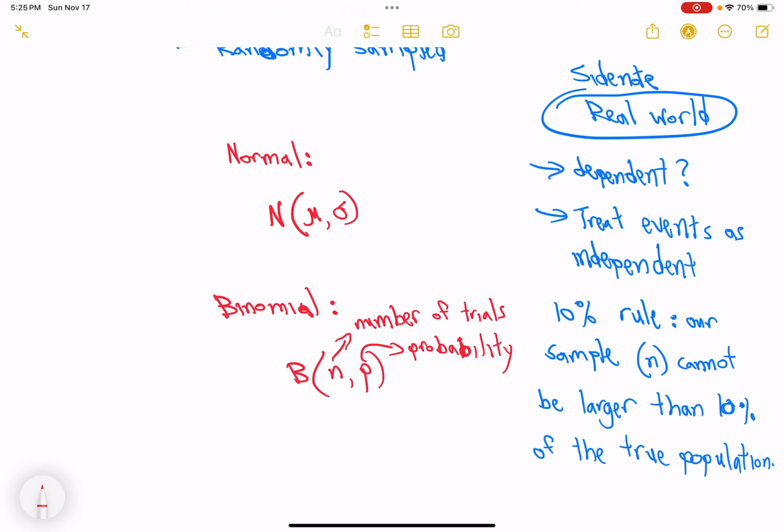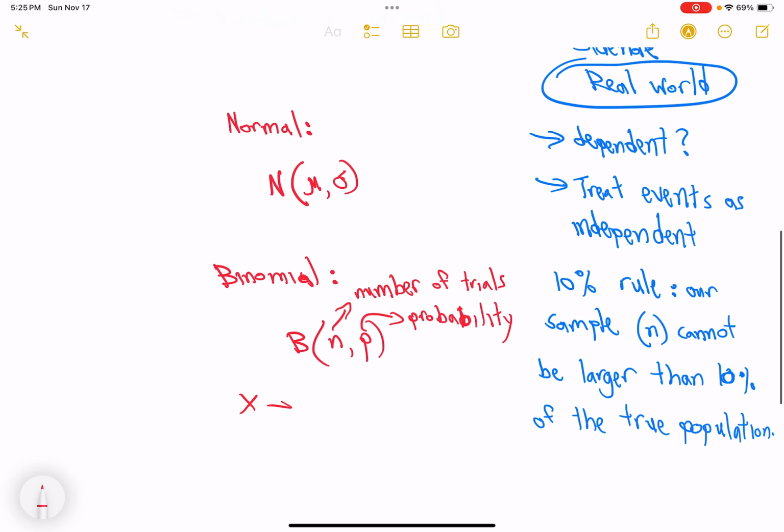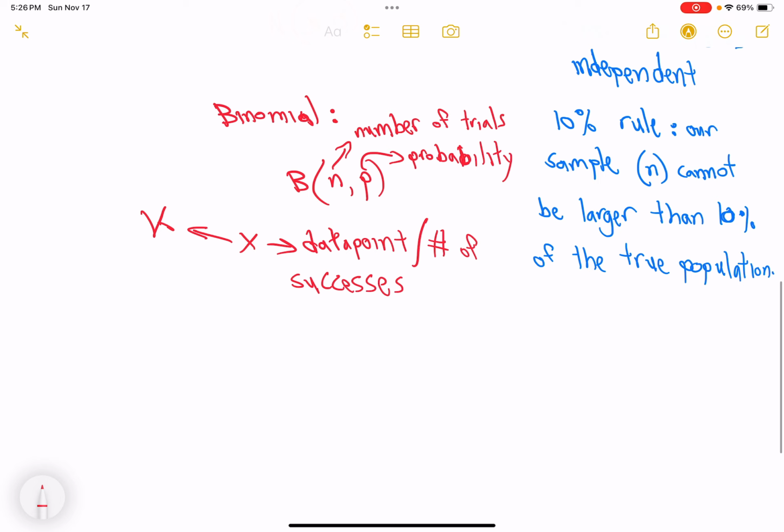The last thing to note is x, just like before, where x is like a data point. X is also our number of successes. X is also interchangeable with k, and in a lot of our notations we say the probability that x equals k, or the probability that x is greater than k, or the probability that x is less than or equal to k.